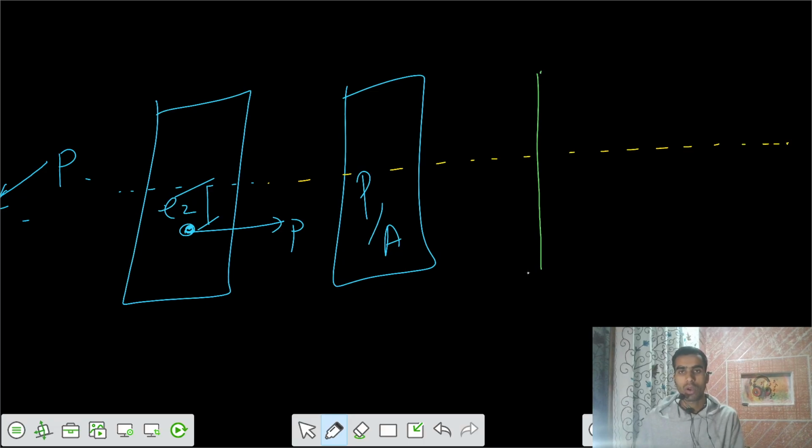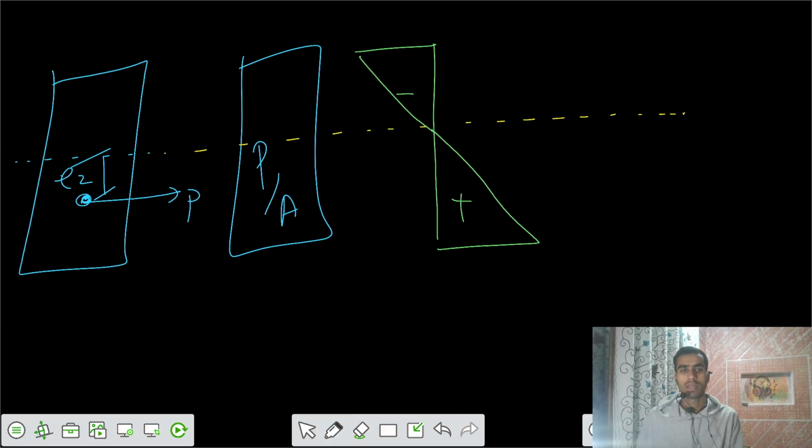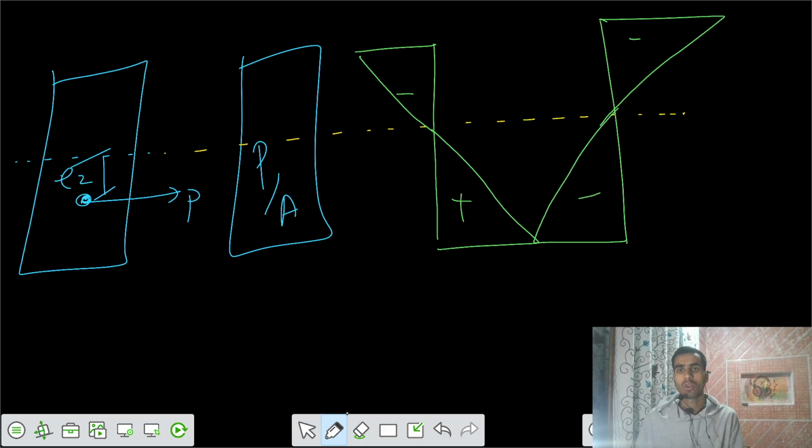Because of the hogging, top tensile, bottom compressive. The third one is there because of the moments. That is sagging moment, so top compressive, bottom tensile. And at the location of steel wires we have to calculate this stress.